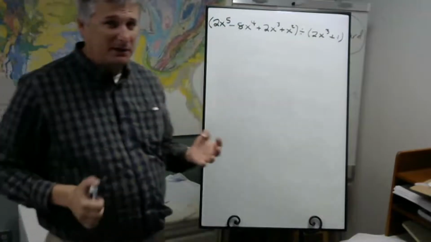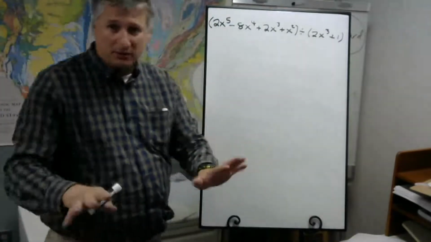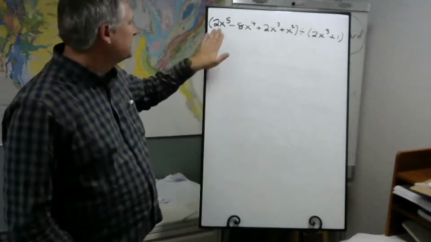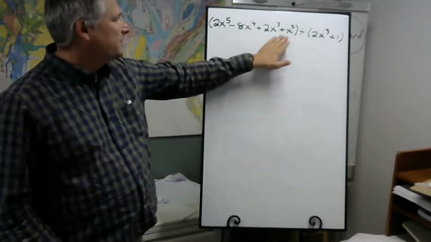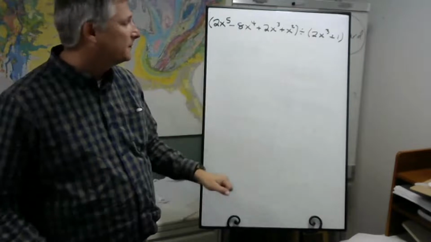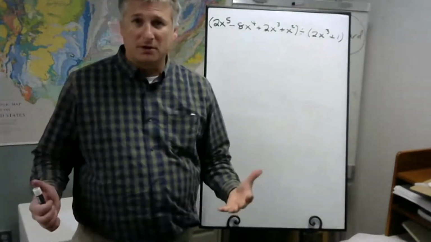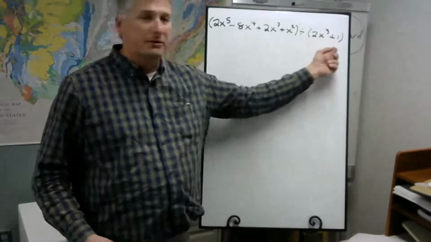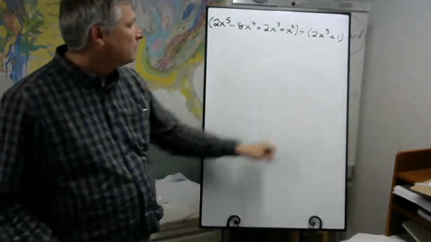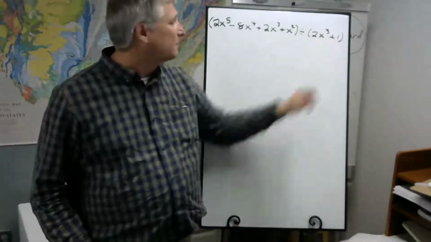Now, the issue here is we have missing terms. Let's make sure it's in standard form. Degree 5, degree 4, degree 3, degree 2. So far, so good. Degree 3, degree 0. So far, so good. Higher degree, lower degree. That's fine. But we're missing terms.